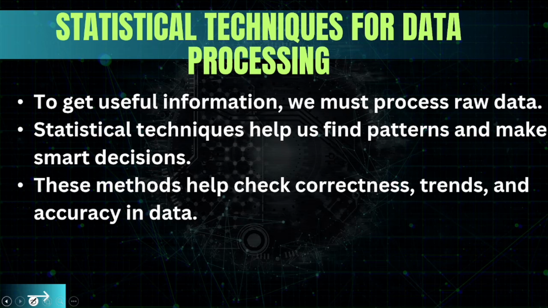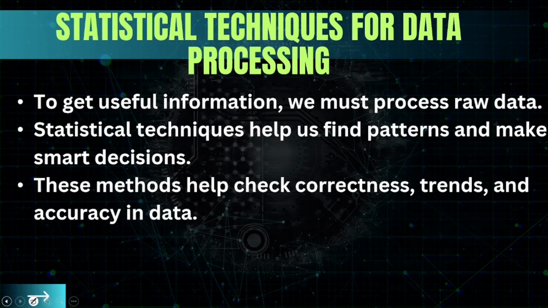Next one is statistical techniques for data processing. In data processing, the main concept is how we gather the data, how we give the input, then processing, then output. After output, we have to do the interpretation. That interpretation is nothing but the statistical techniques.